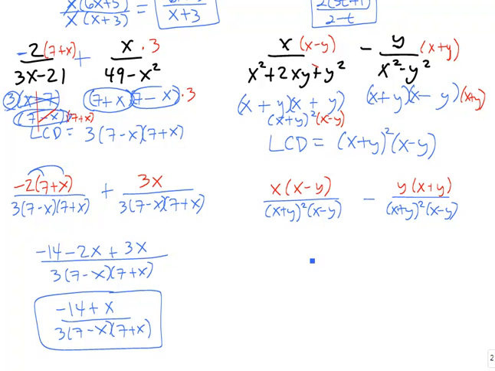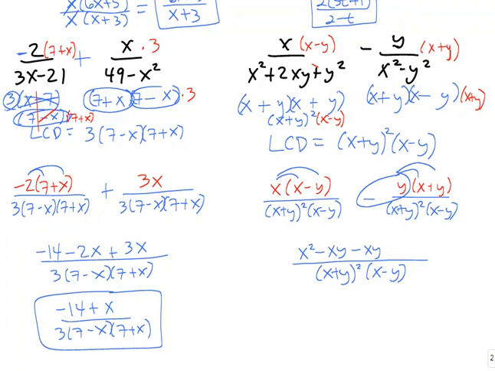So let's do that next line. We're going to consolidate our 2 fractions into 1. And here's where we're going to do that distributing. So x times x is x squared. x times minus y is minus xy. Negative y times x is negative xy. I'm just switching the order around to make it consistent.